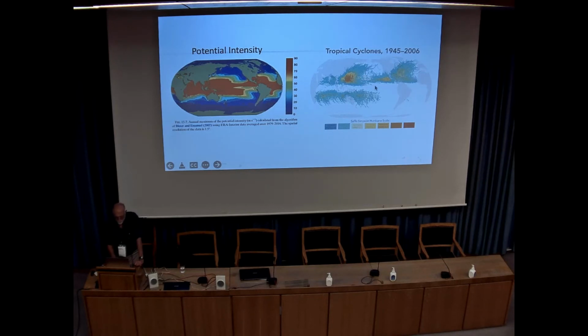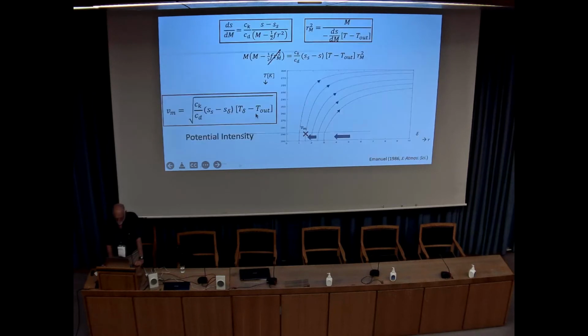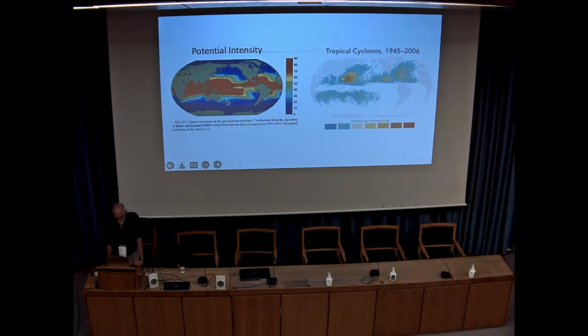You'll notice that it's highest at the equator, but this formula doesn't involve f, so it doesn't know about f. Without something to seed, to trigger the disturbance to start it, you won't get a storm, even though there's potential intensity.